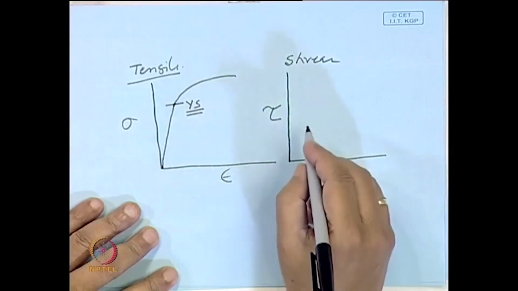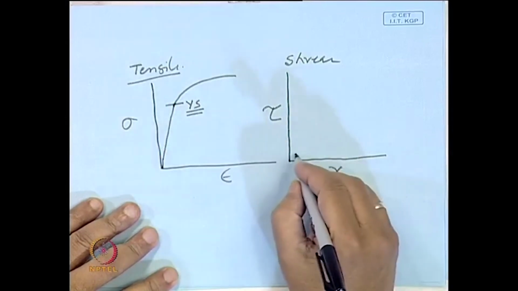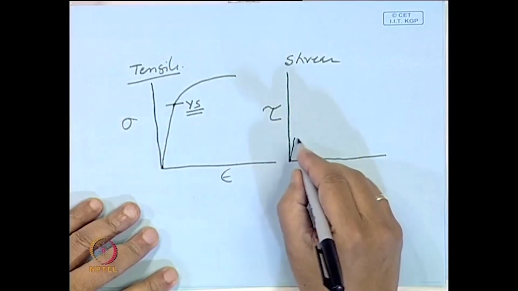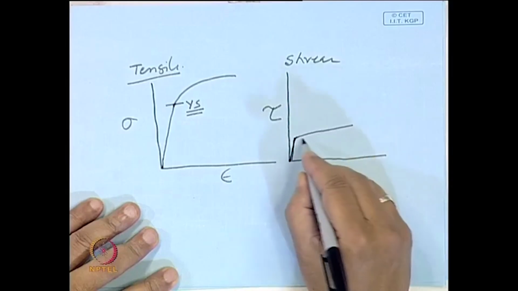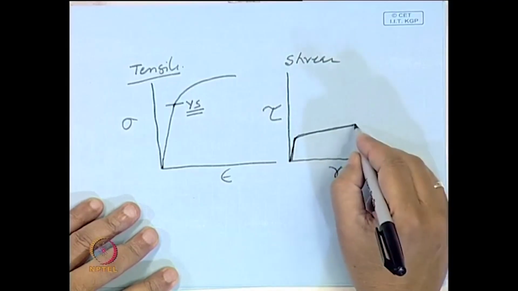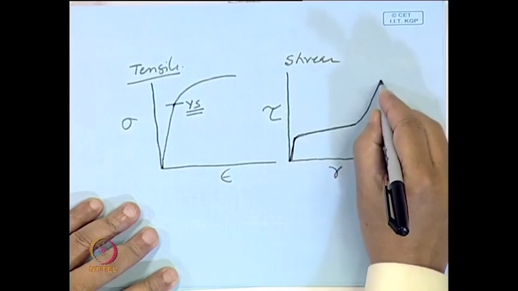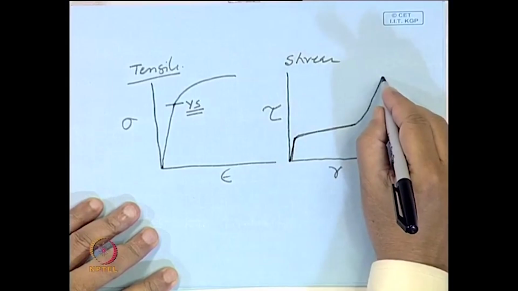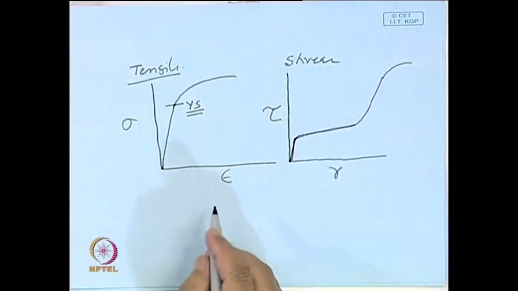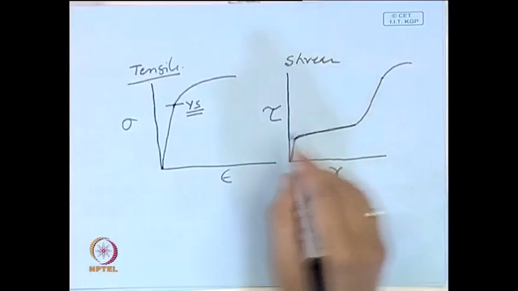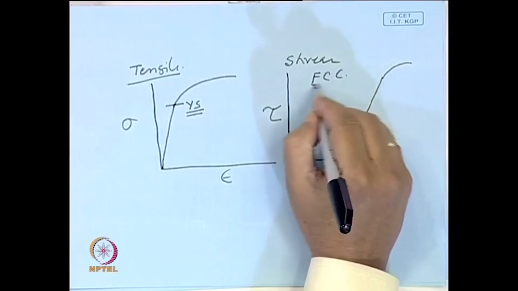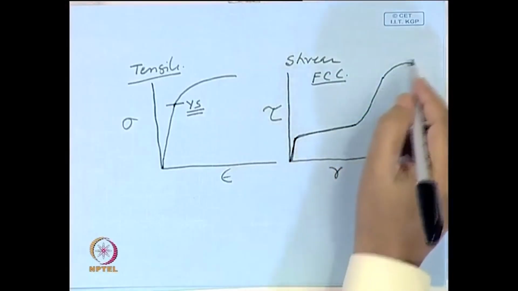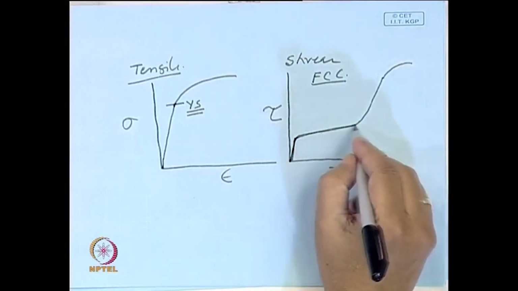Here also you will have a similar plot, you will have something like an elastic part, and then you will have a region like this, then you will have a region like this, and then like this. So, that means a typical stress strain diagram of, let us say, a face centered cubic crystal will have these distinct stages.